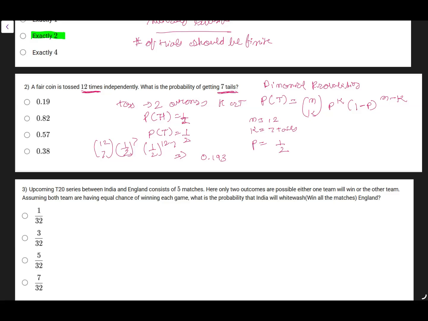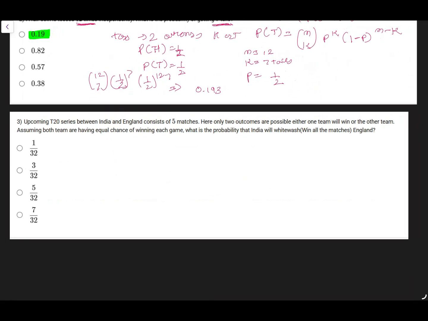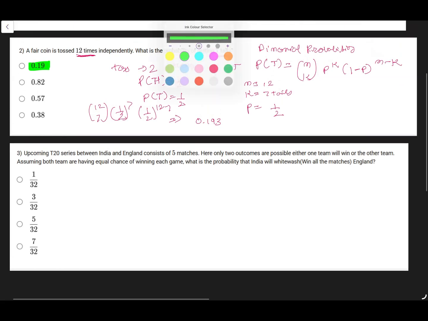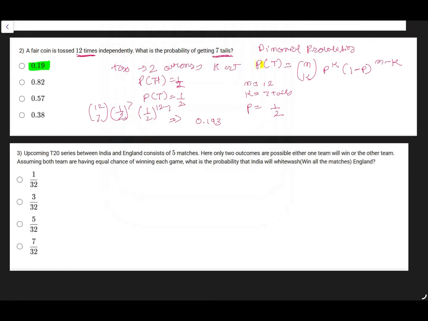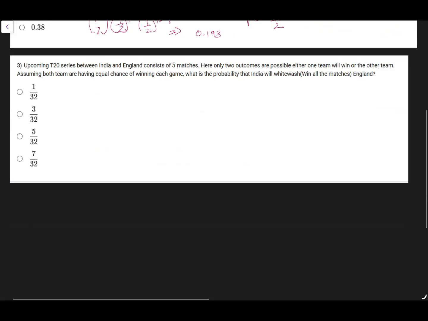So 0.19 is the answer, and this is the closest answer that you get from the options. Okay, I hope this makes sense. We learned binomial trials, and then using binomial probability, we got the answer. The only thing you have to remember here is this formula. This formula is very important. If you remember this, you will be able to solve questions which only have two outcomes.